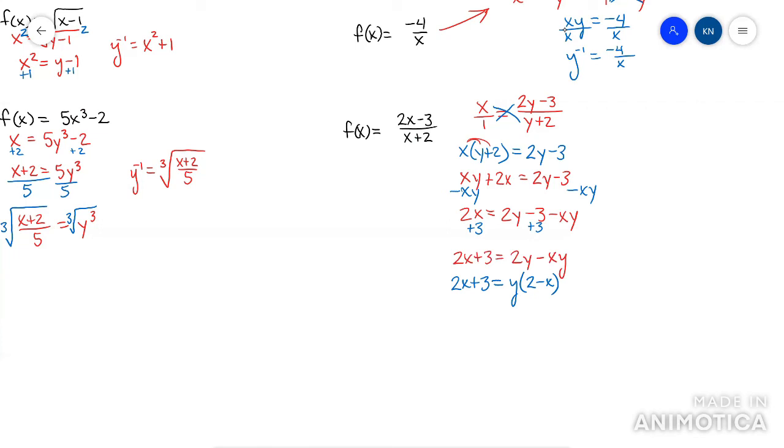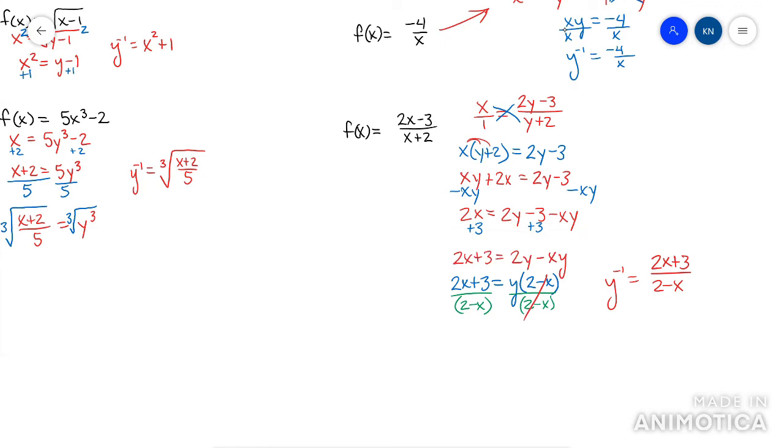Now you can isolate y by just dividing by this 2 minus x part. And so when it's all said and done, this cancels and you're left with your y by itself. So you have your inverse and then whatever's over here is your answer. So 2x plus 3 over 2 minus x, like that.